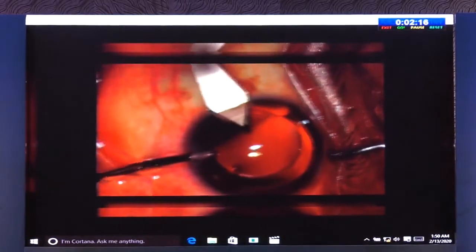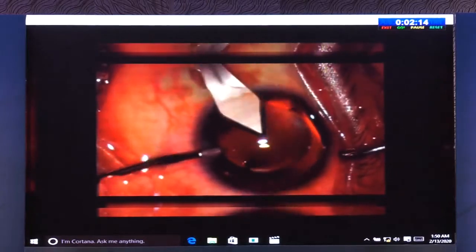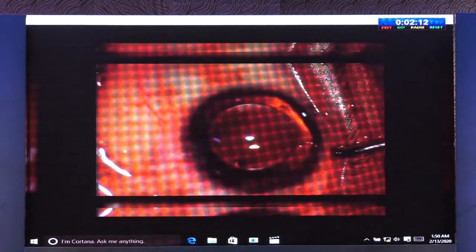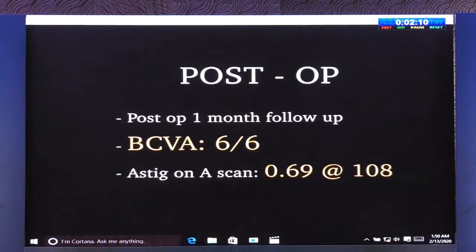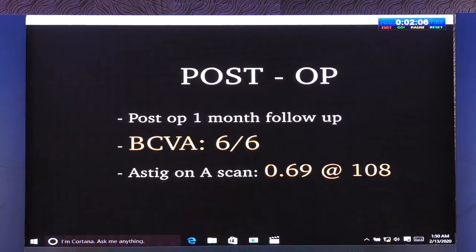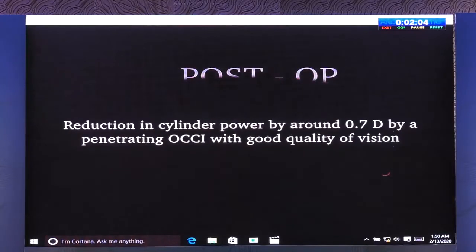Post-operatively, the cylinder on A scan was 0.68 diopter at 108 degrees with a vision of 6/6. Thus, a well-performed OCCI reduces astigmatism by 0.7 diopter and can lead to better results.